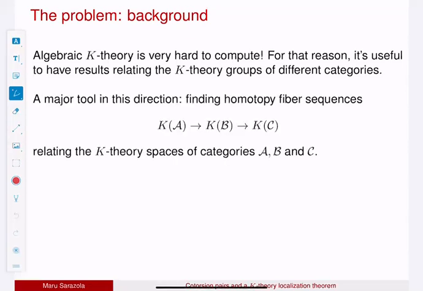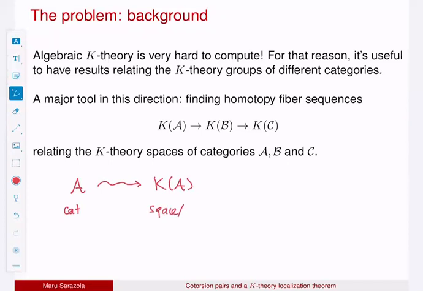So a major tool in this direction of relating different K-theory groups is that of finding homotopy fiber sequences. So if we manage to find a homotopy fiber sequence of K-theory spaces like this, why would this be useful? Well, we have our category, let's say our category A, and from it we can produce the K-theory space.